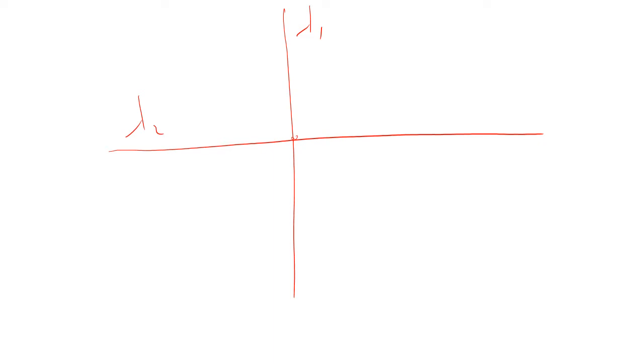Okay, so let's say that lambda 1 is minus 29.1 microcoulombs per meter. Let's say that lambda 2 is 17.7 microcoulombs per meter.